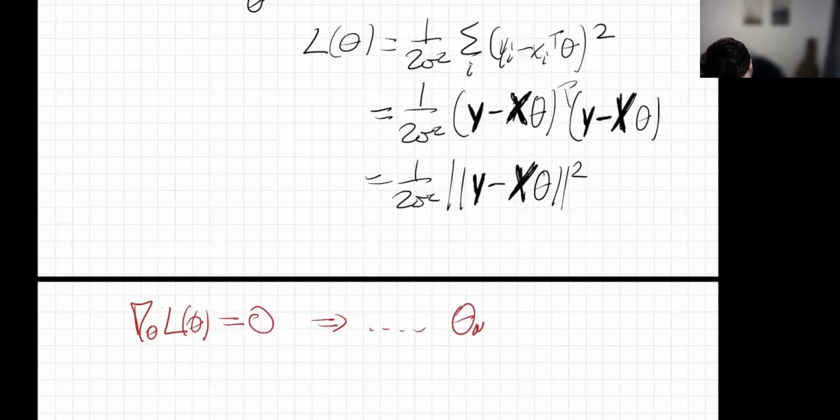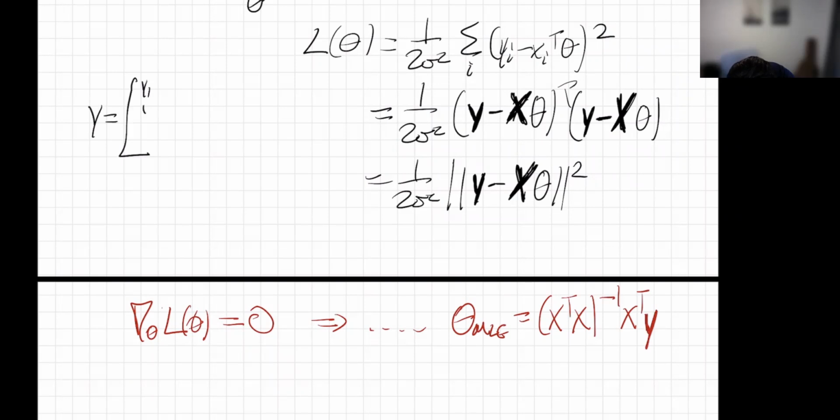You should get that this theta MLE estimate takes this form, but I need to be careful here with what I'm defining. If I'm explicit here, this y is a vector of y1, y2, ..., yn. And this x should be x1 transpose, x2 transpose, and so on.